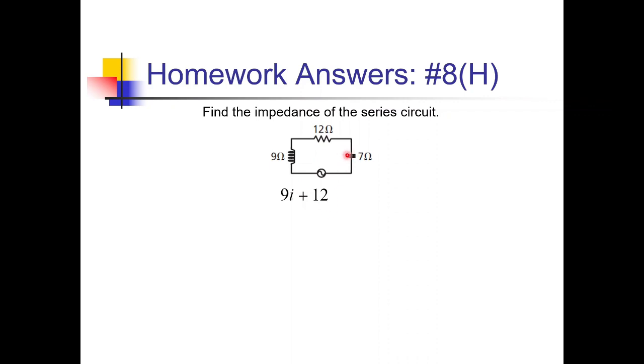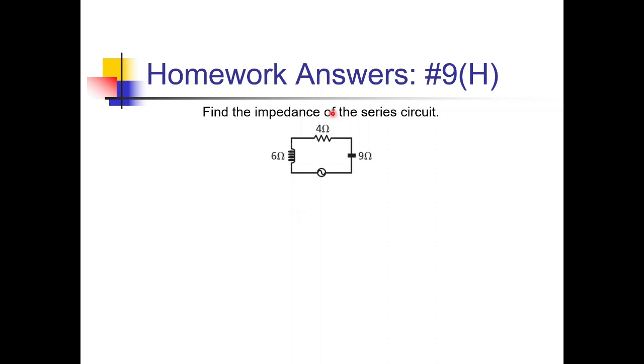And this is supposed to be like a double hash, but it's kind of hard to see. This is a capacitor, and those are always going to be negative imaginary numbers for that impedance. So this is a negative 7i is how we interpret that from this diagram. So we just have to combine like terms. This gives us just a 12 and a positive 2i, and that's in ohms.